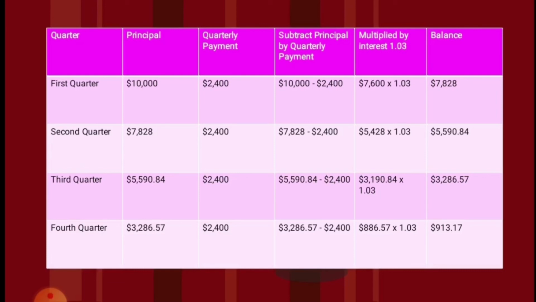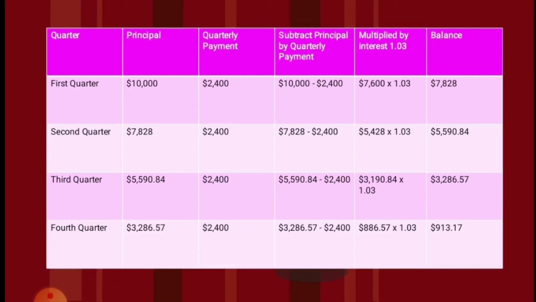So $5,428 times the interest 1.03, then we get a balance of $5,590.84. So that new balance will become our principal in the third quarter.